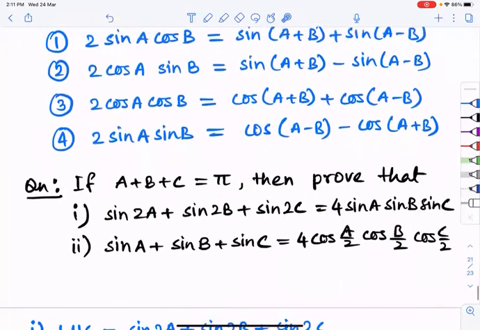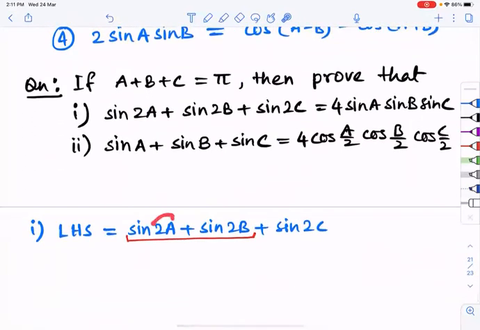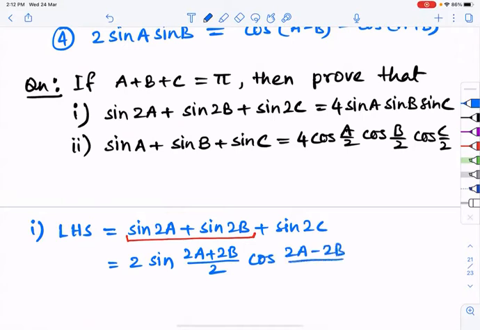So if I apply that here, we have this angle 2a and 2b. So angles will get added like this: 2 sine 2a plus 2b by 2 into cos 2a minus 2b by 2. So it is coming from the first two terms, and the third term is as it is.